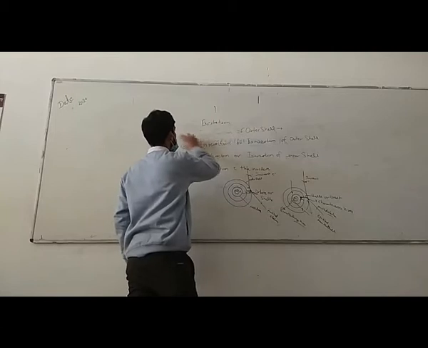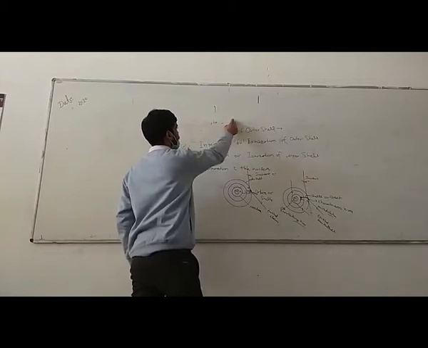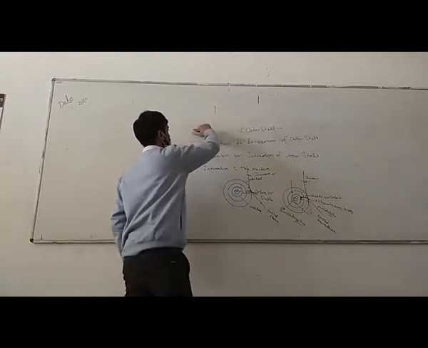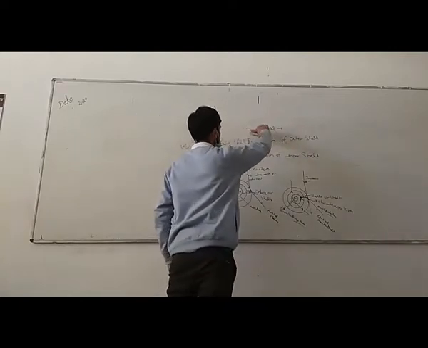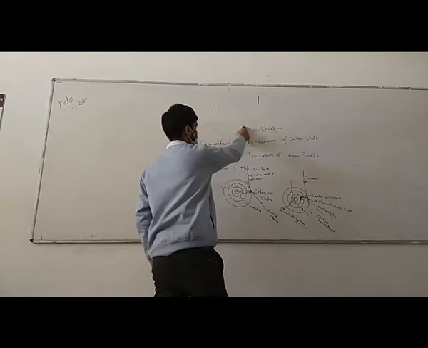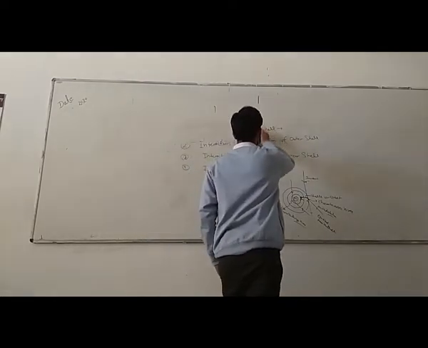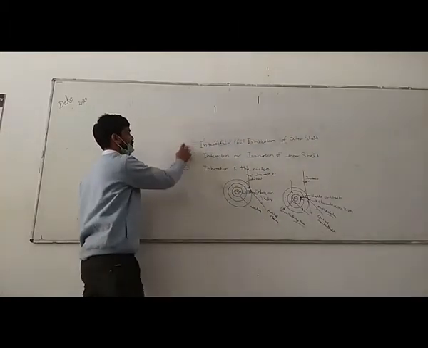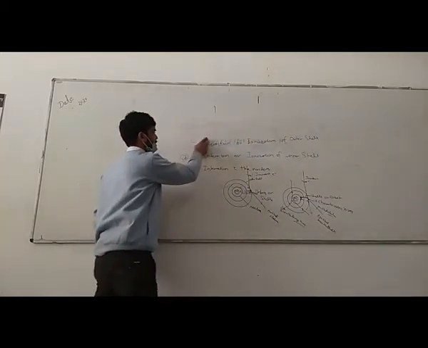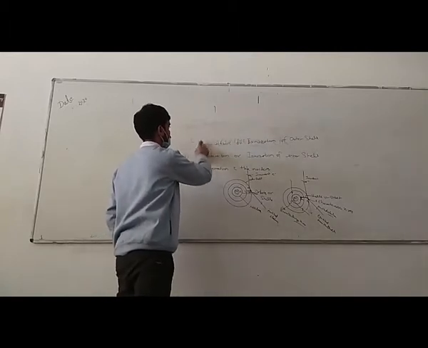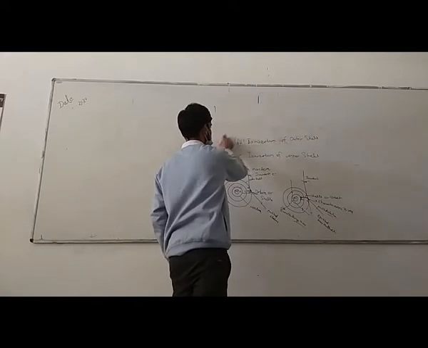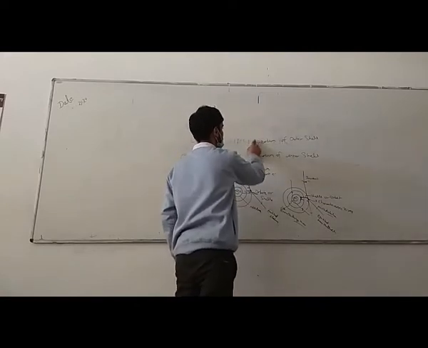The requirements of X-ray production: the first requirement is a source from which the electron is produced. Second requirement is the target to stop the electron.